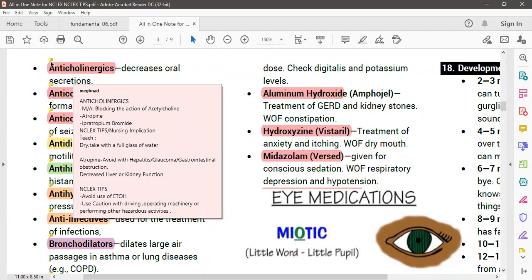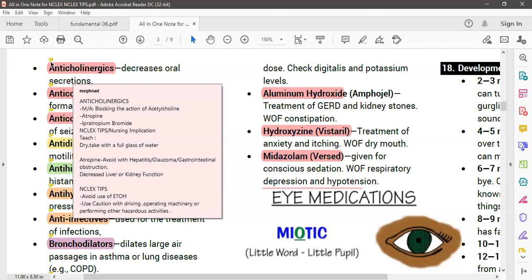Atropine: if your patient has a liver problem, it is good to avoid atropine with hepatitis. It is good to avoid atropine if your patient has glaucoma or gastrointestinal obstruction, because atropine decreases liver function and kidney function.